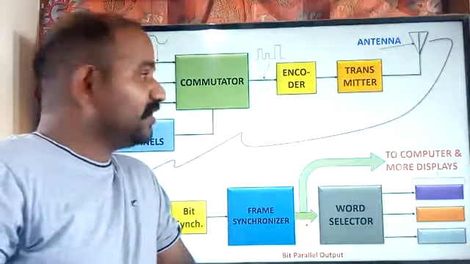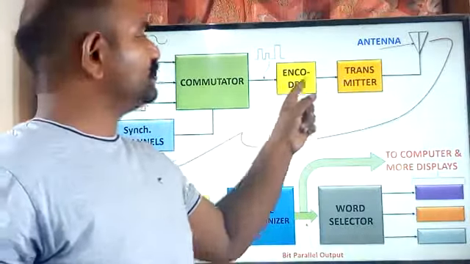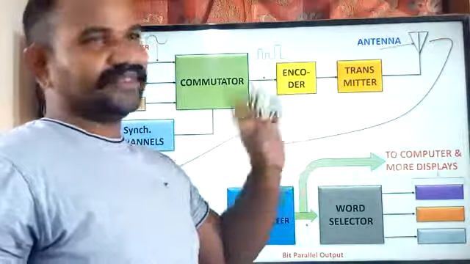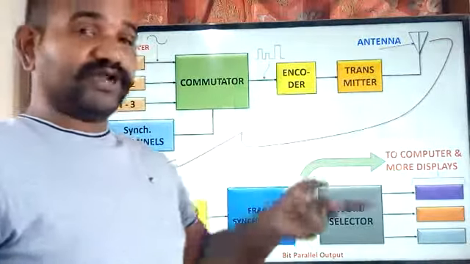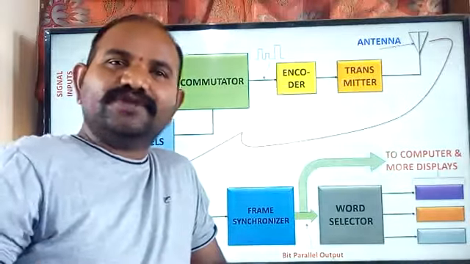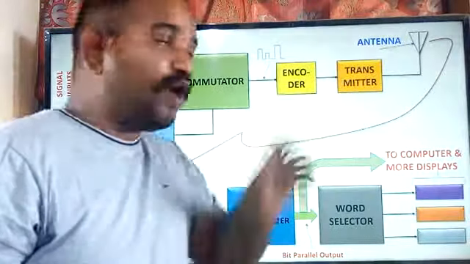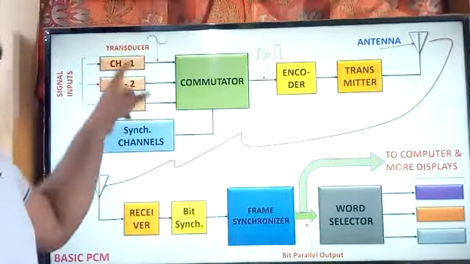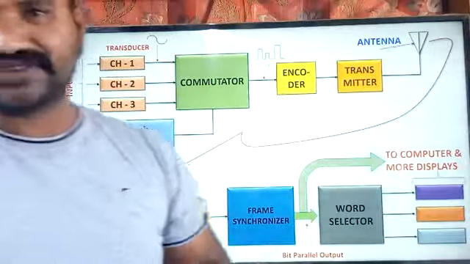How many bits are generated purely depends on the encoder. Choosing a particular encoder, 8-bit, 10-bit or 12-bit, depends on how fast the information is changing and by how much voltage it changes.